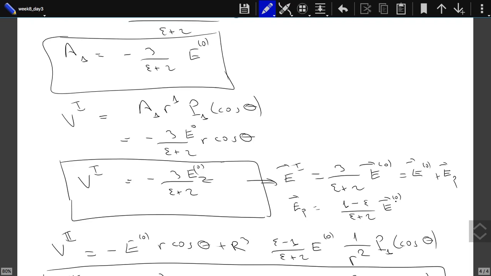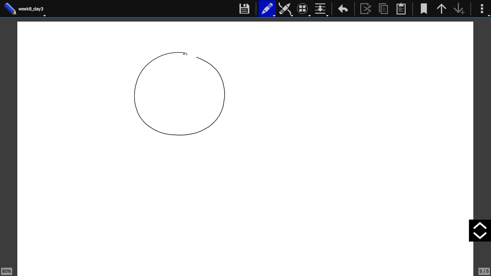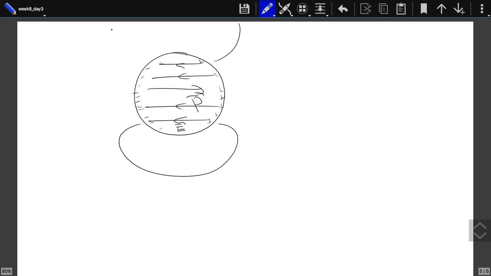But we had already seen that if you have a uniformly polarized sphere, the electric field it creates is uniform. So if we have a uniformly polarized sphere, this basically corresponds to negative charges here, positive charges here. So it created a uniform electric field in the opposite direction, inside. Outside, it was just the electric field of an ideal dipole.